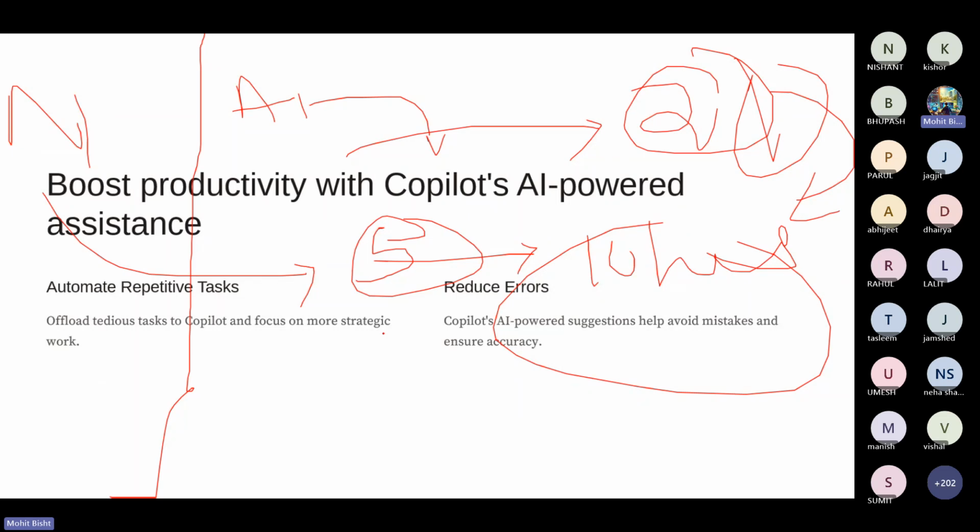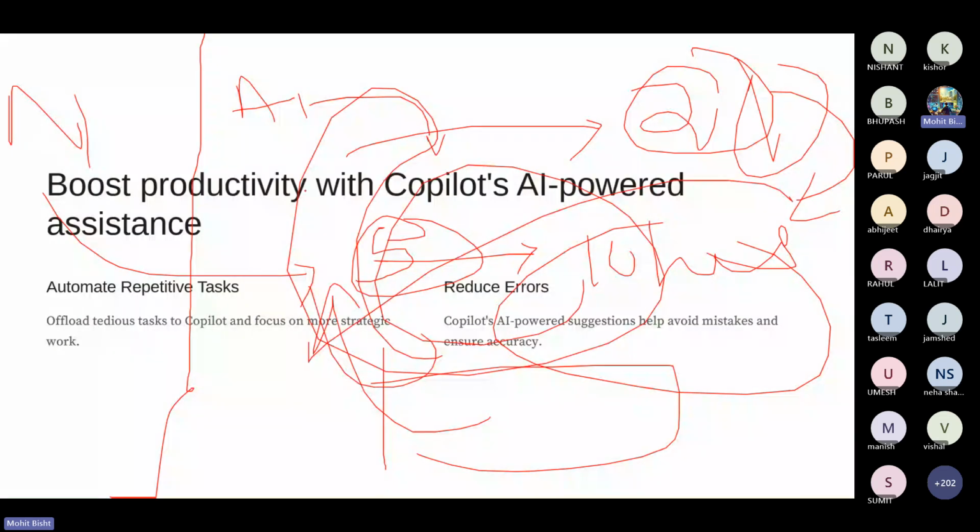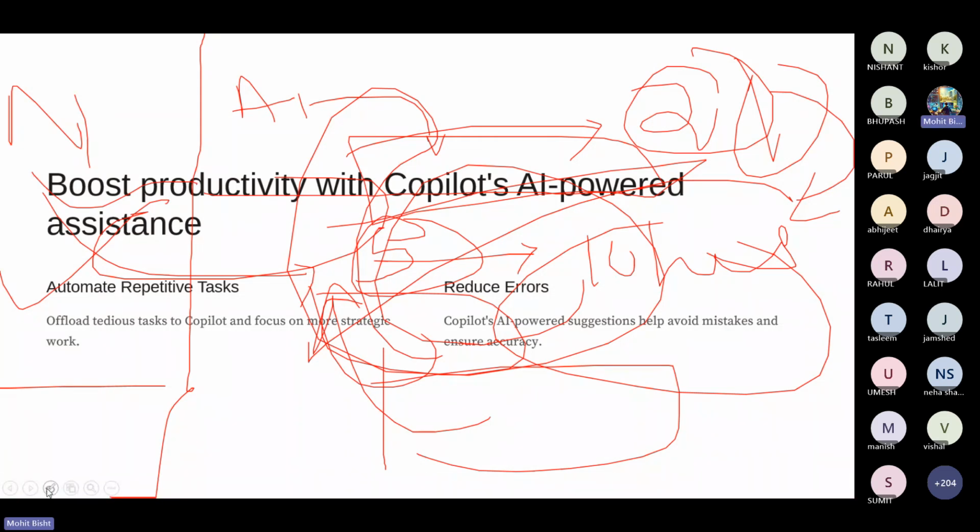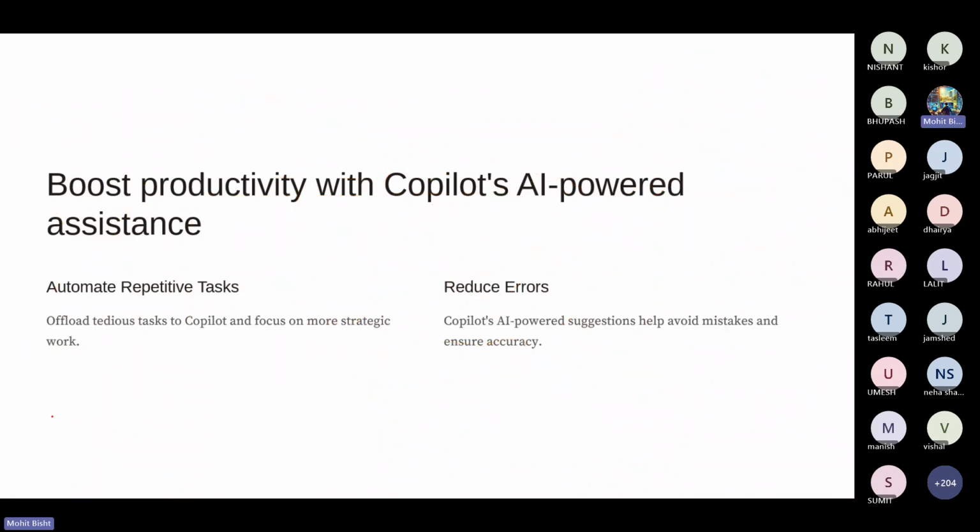If you have some similar prompts, you can automate all the things and reduce a lot of time. By reducing time, you get more time to focus on the strategic work. So the main aim of this Copilot is to enhance your productivity. Let me erase all this.